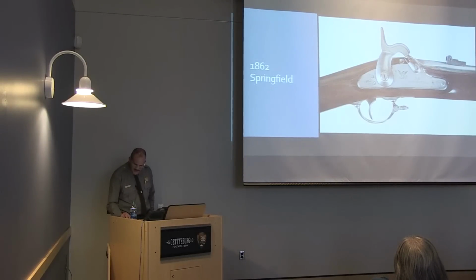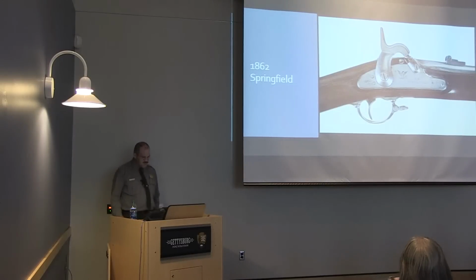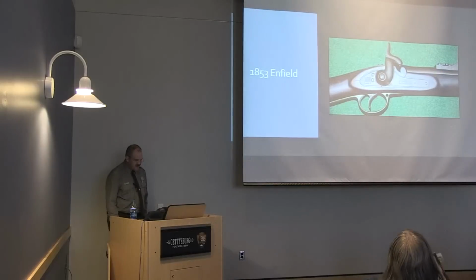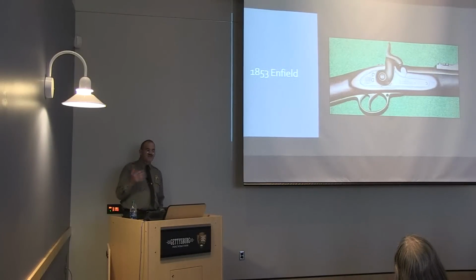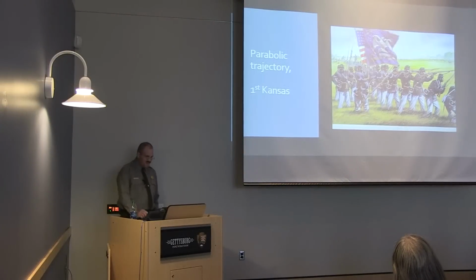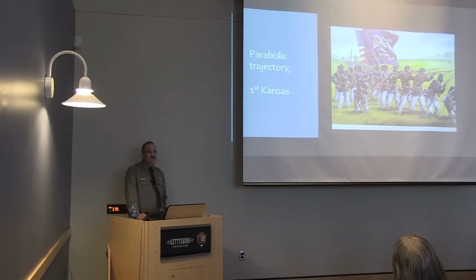And let's see where we need to wind down here. 1862, you have the Springfield, and then you have the Enfield that were produced at armories, various armories. And the biggest producer, of course, would be Springfield, Harper's Ferry, but there were some other armories. And the soldiers carried them in the field. And one of the problems with the rifle was parabolic trajectory.